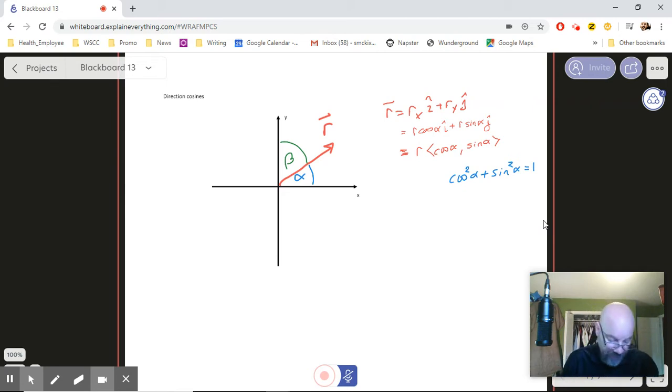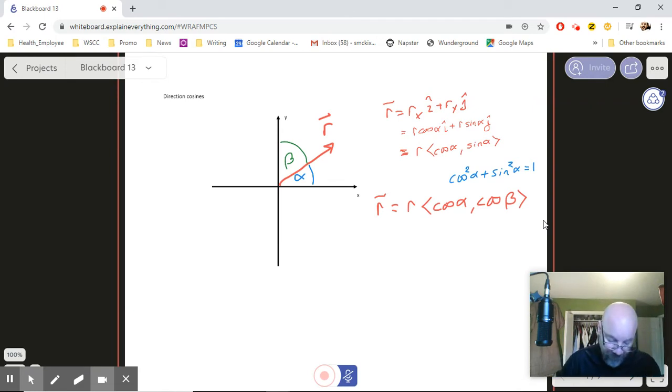If we did that, then we could say that our R vector was actually R magnitude times cosine alpha, cosine beta. All right. Now, there's different ways to think that through.